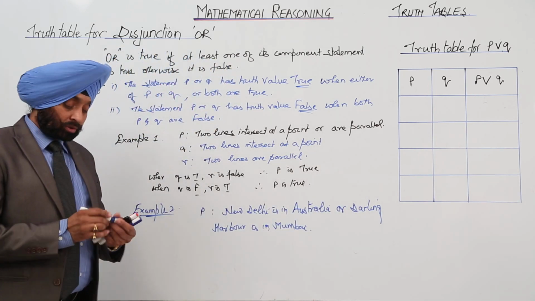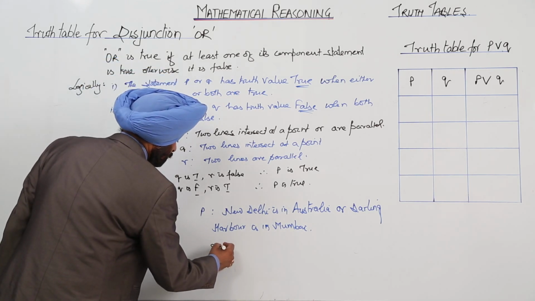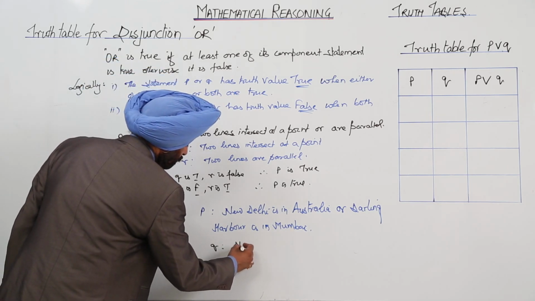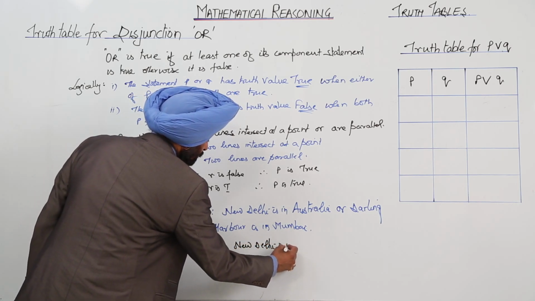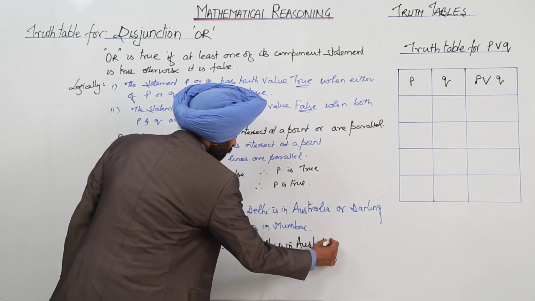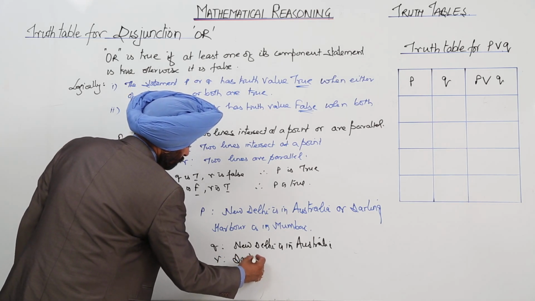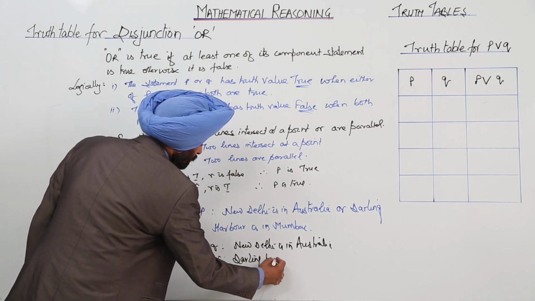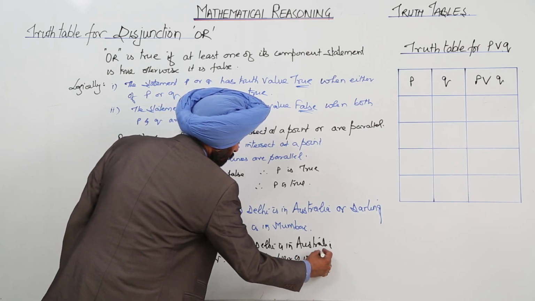Now what will the simple statements be? Q will be New Delhi is in Australia, and R will be Darling Harbour is in Mumbai.